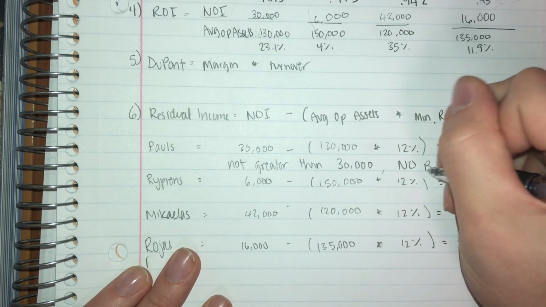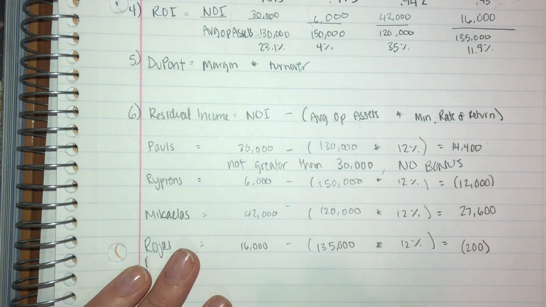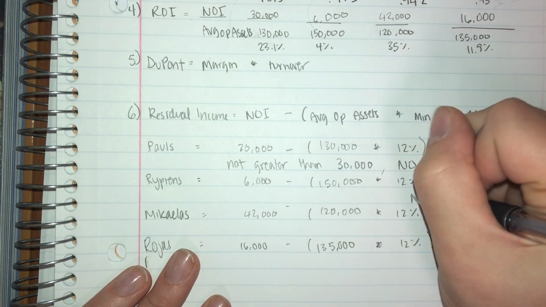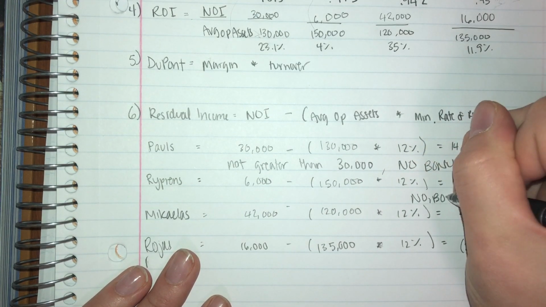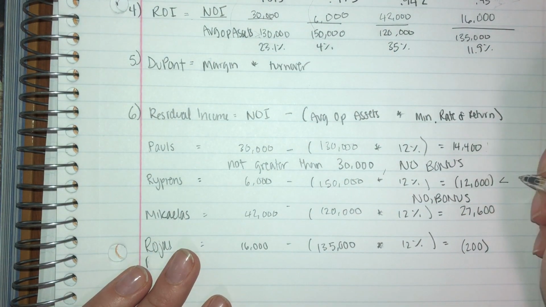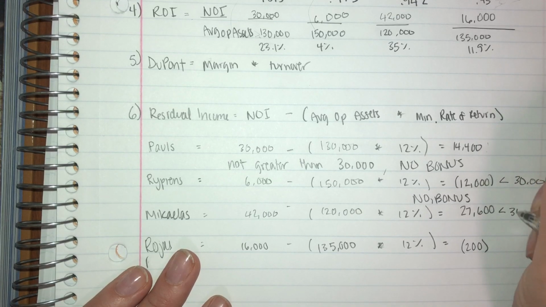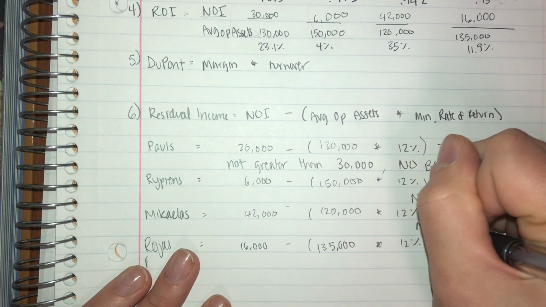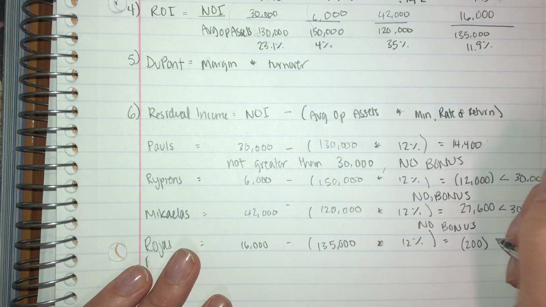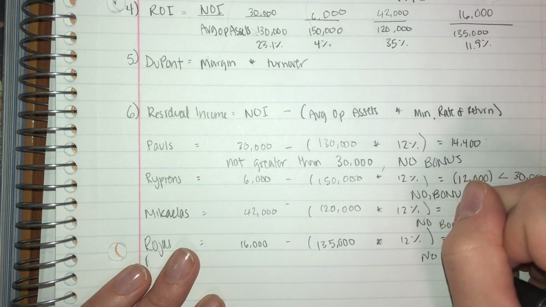So I'm going to put no bonus. Here, this is definitely not greater than 30,000, so no bonus. It is less than 30,000. And this is also less than 30,000, so no bonus. Again, and this is also less than 30,000, so no bonus. No bonuses for anyone.